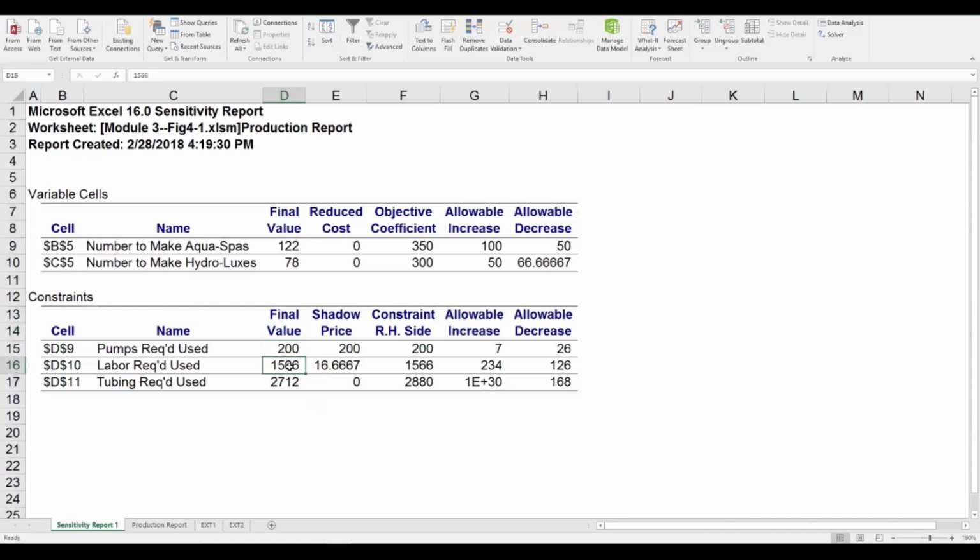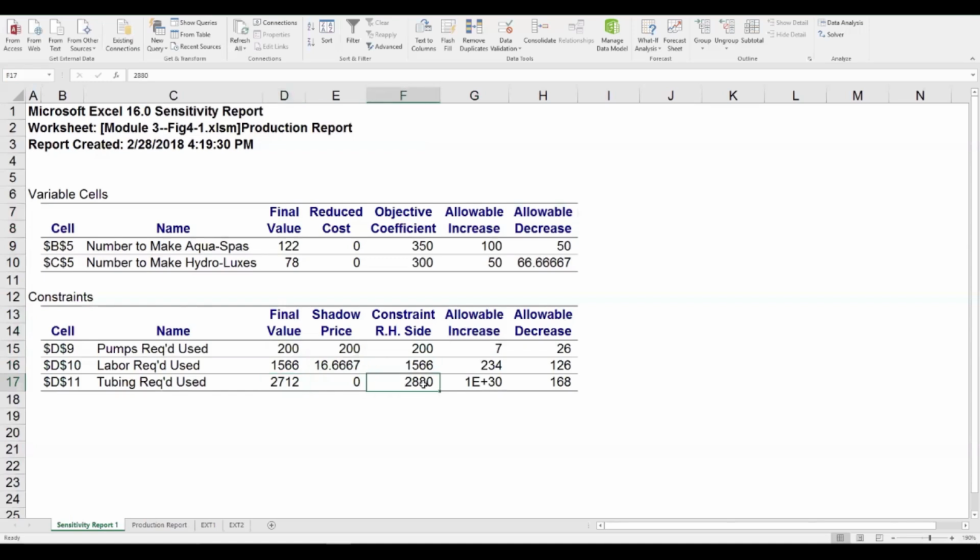Similarly, for the labor constraint, we have the final value of 1,566, which is equal to the right-hand side value. So the labor constraint is binding as well. But for the tubing constraint, we have a left-hand side final value of 2,712, which is smaller than the current right-hand side value of 2,880.